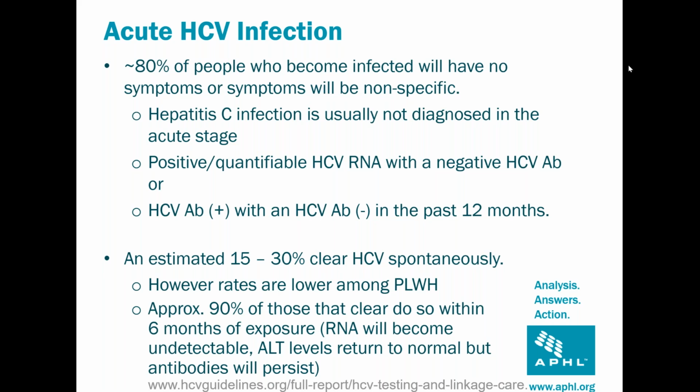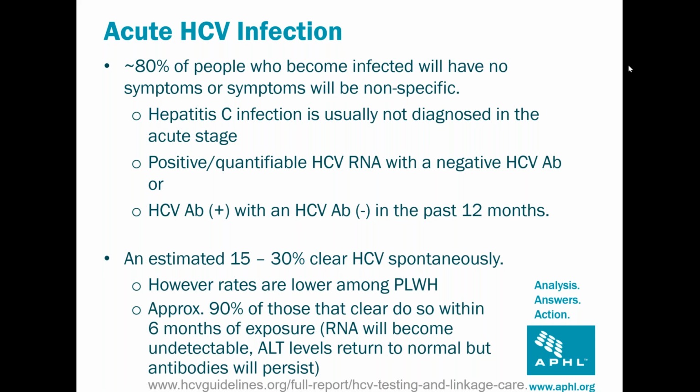But those that we do diagnose during this stage usually manifest as a positive or quantifiable HCV RNA result with a negative HCV antibody, or an HCV antibody reactive result preceded by an HCV antibody negative in the 12 months prior.